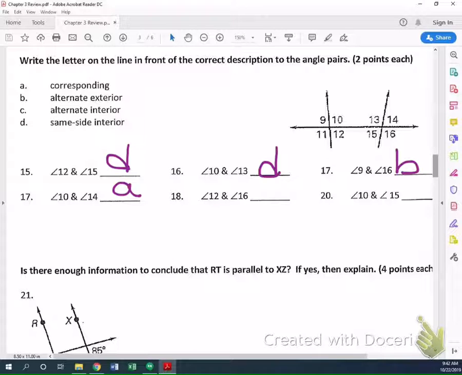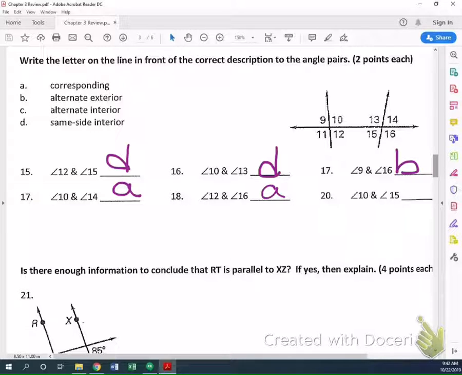I mean, if you wrote corresponding and alternate interior, that's fine. It's just, you can use the word bank up top. All right, 12 and 16. Also A, corresponding, good. And 15 and 10.